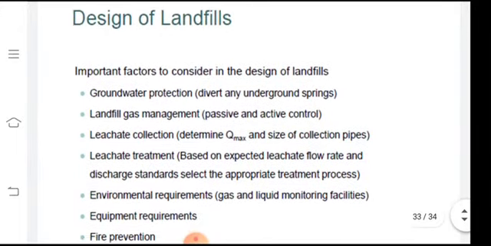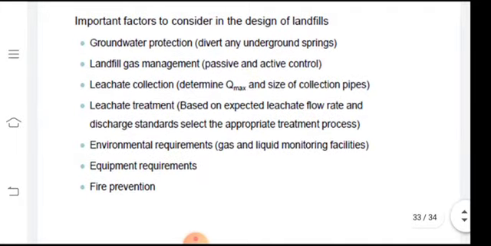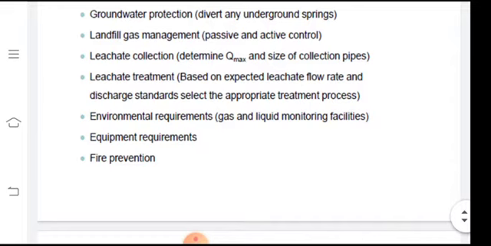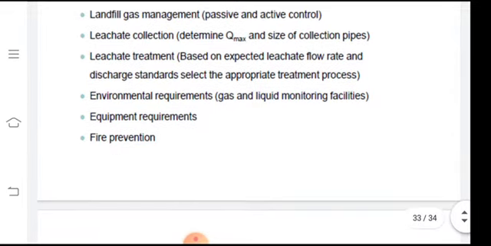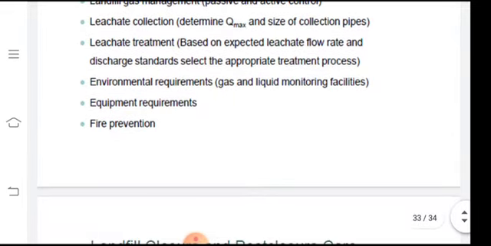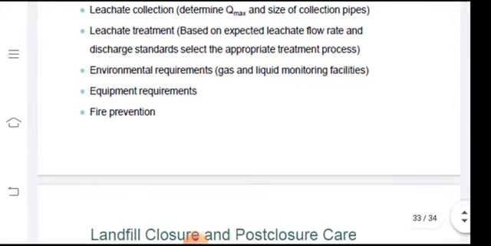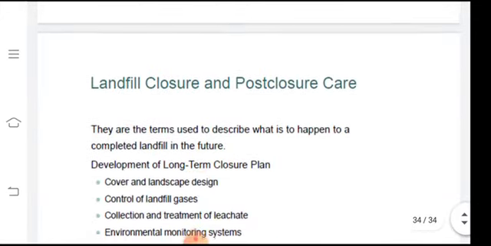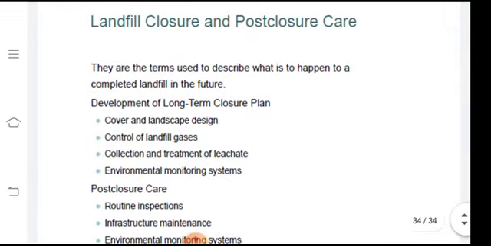Design of landfills includes important factors to be considered: groundwater protection, landfill gas management, leachate collection, leachate treatment, and then environmental requirements. Then equipment required, and fire prevention. Then the landfill closure and post closure care.